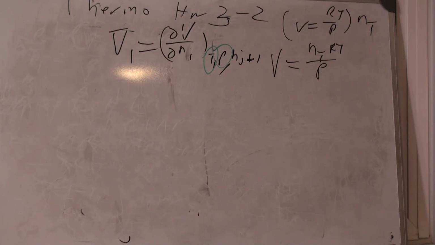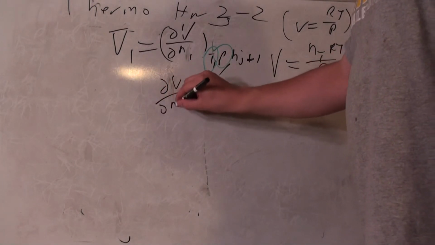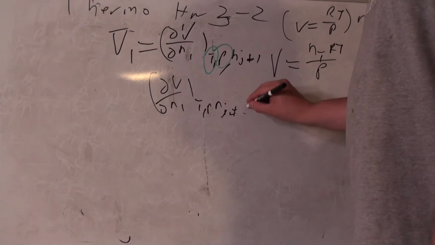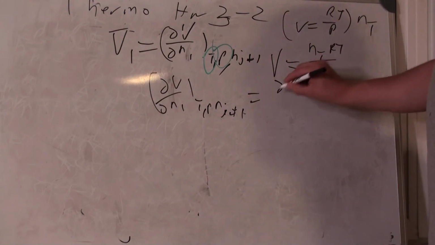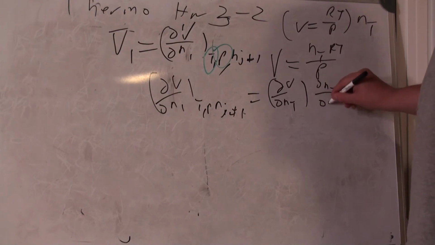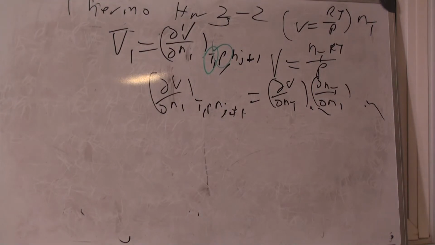And so when I'm doing this, usually what I want to do is use a chain rule, so that really dV dN1 at constant T, P, and Nj not equal to 1 is actually, and I'm just going to shorthand it, dV dN total times dN total dN1, with all the same constants. You don't have to show it that way, but just keep that in mind.